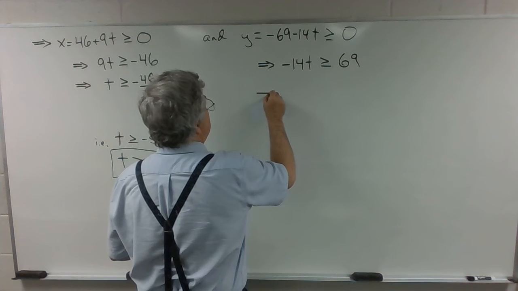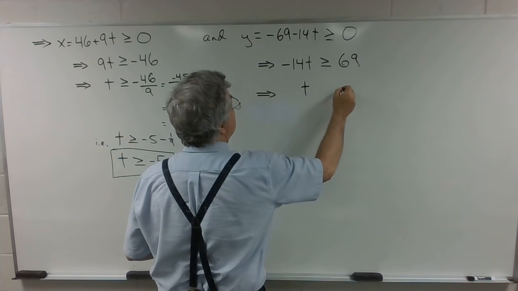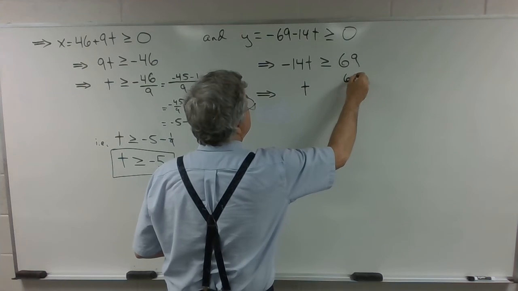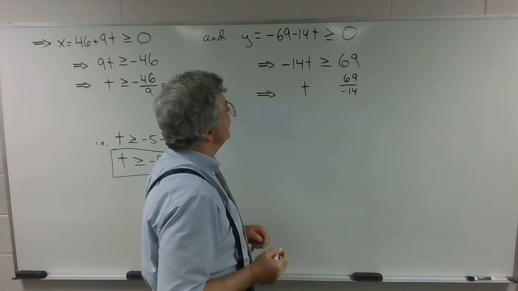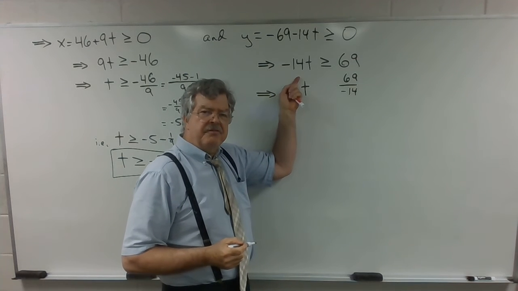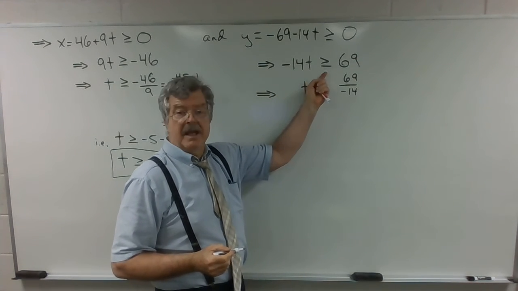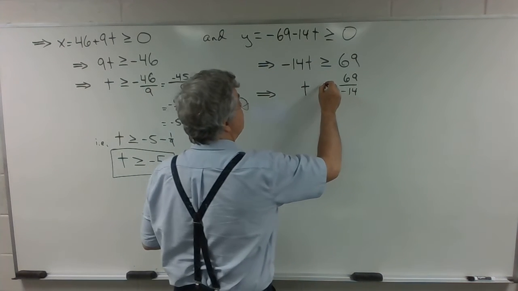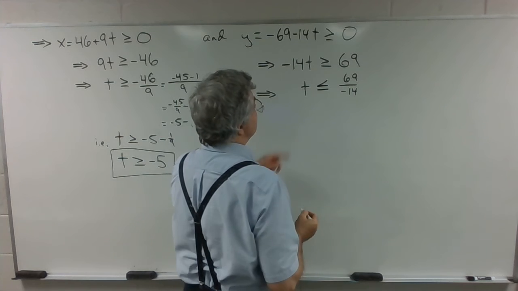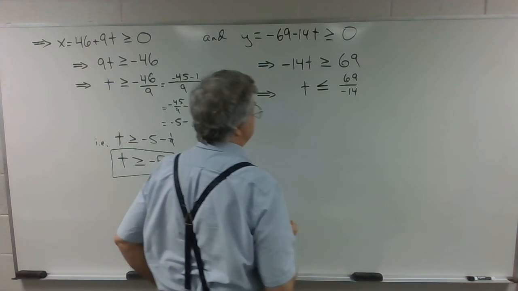And then I divide both sides by negative 14. 69 over negative 14. And you know what? I just divided both sides by a negative number, so what has to happen to this inequality? We have to reverse it, don't we? So t is now less than or equal to negative 69 over 14.